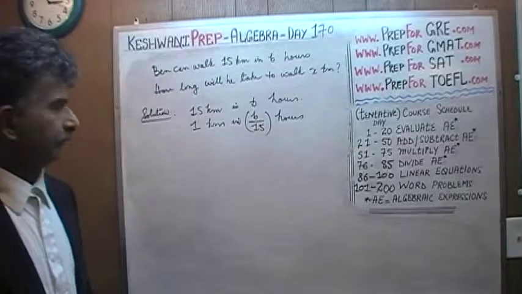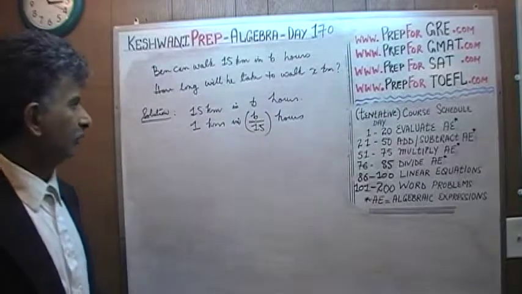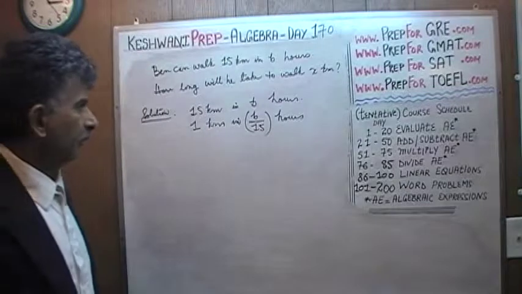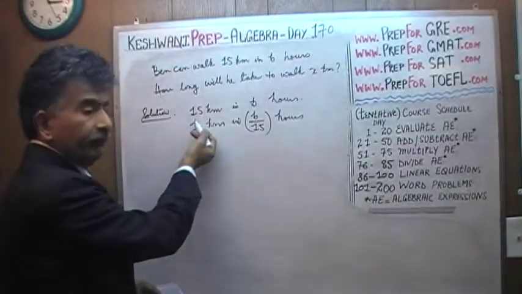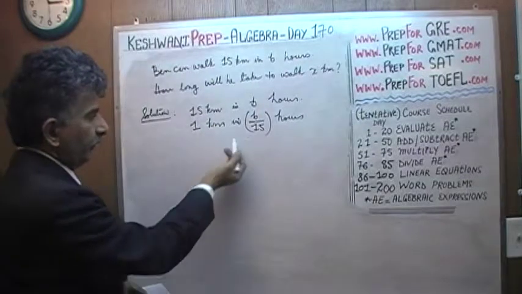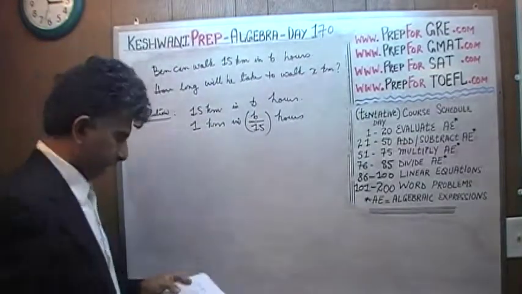Which makes sense. If you were to walk only 1 kilometer instead of 15, it will take a 15th of the amount of time.